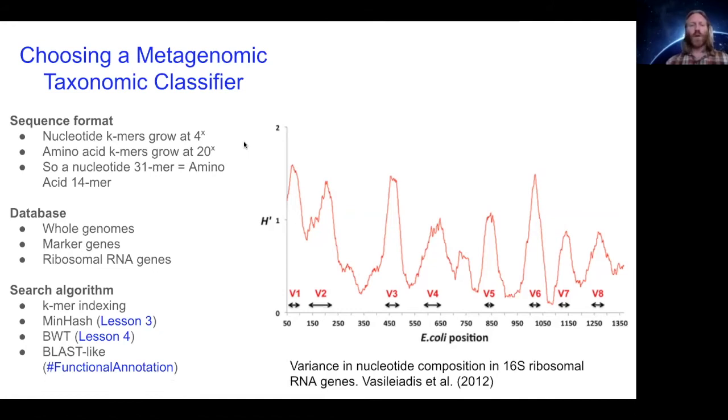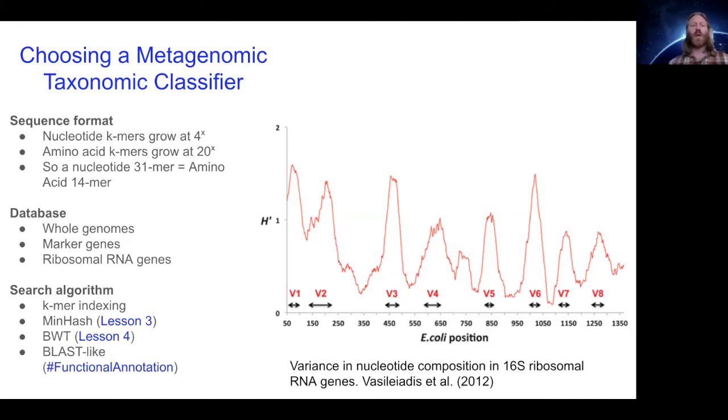But for doing taxonomic classification, it means that we could have problems where we find similar sequences or similar Kmers in two bacteria, for example, not because they are closely related, but because the 16S RNA gene is extremely conserved.